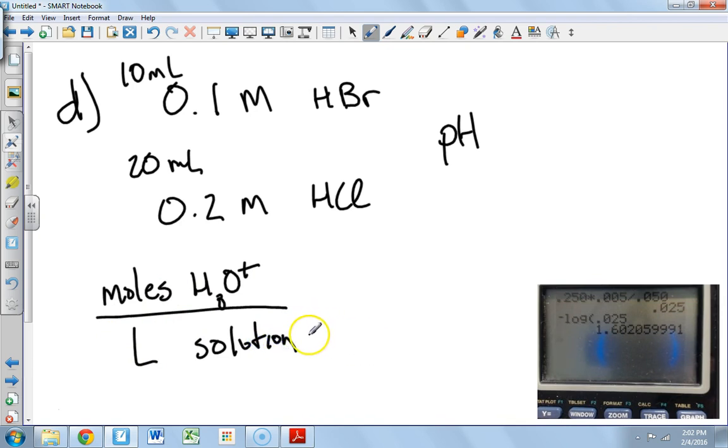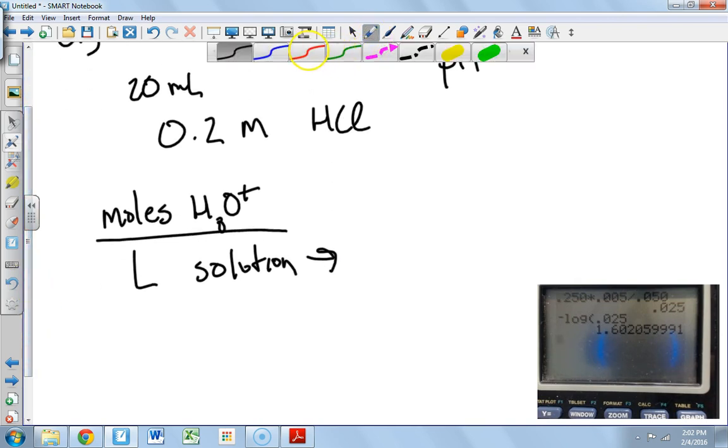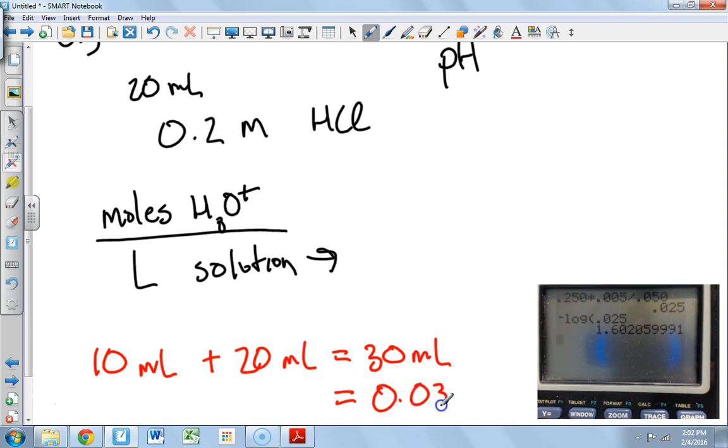Now, we know how many liters of solution there are. That's kind of straightforward to figure out because we have 10 milliliters of HBr plus 20 milliliters of HCl, so that's 30 milliliters, which equals 0.030 liters.